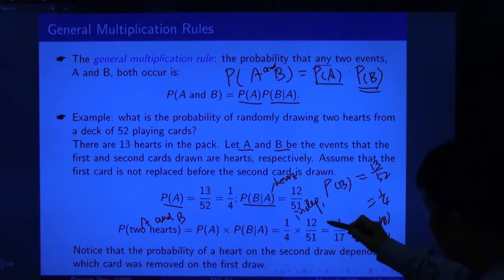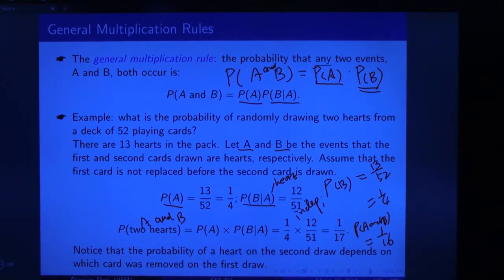And that is not equal to 1/17. So if event A and event B are independent, then the probability we draw two hearts equals 1/16. If these two are dependent, then the probability equals 1/17. So this is smaller than this one.